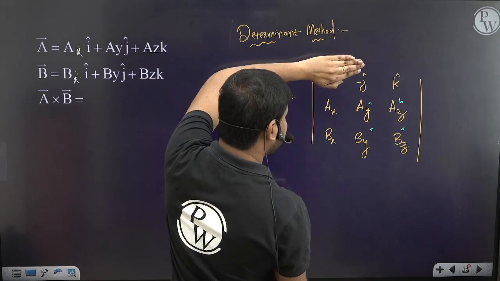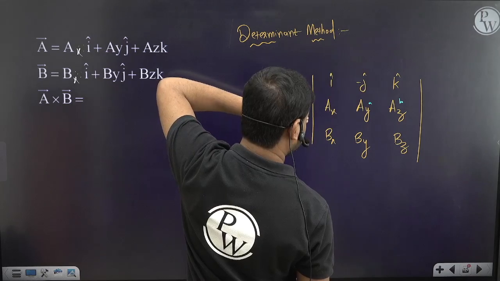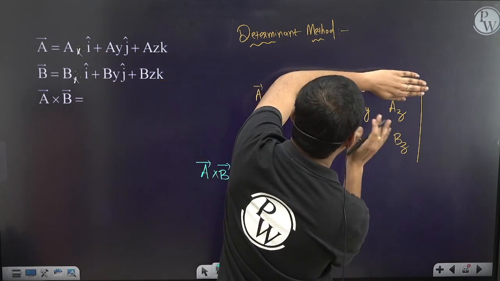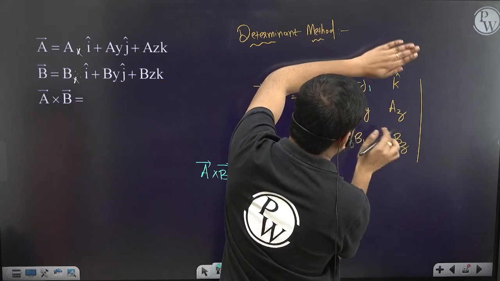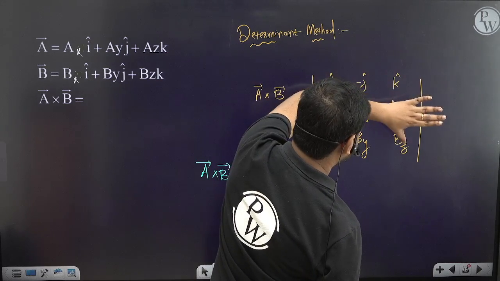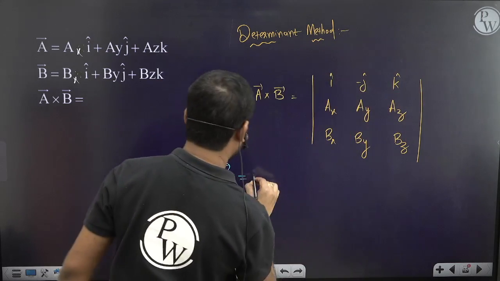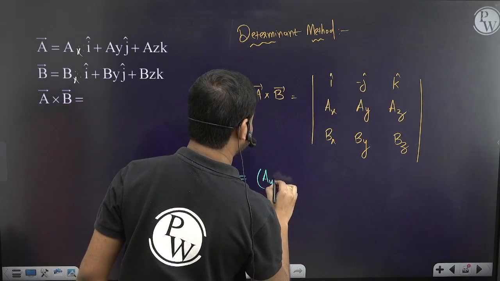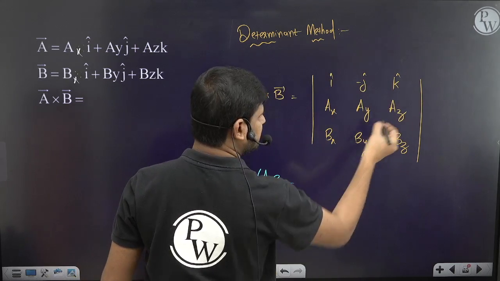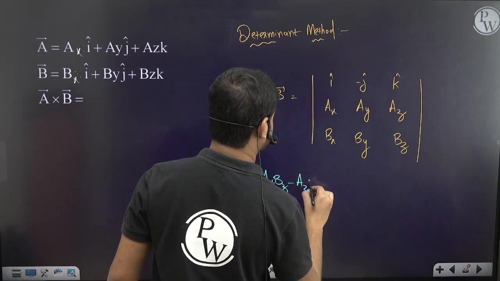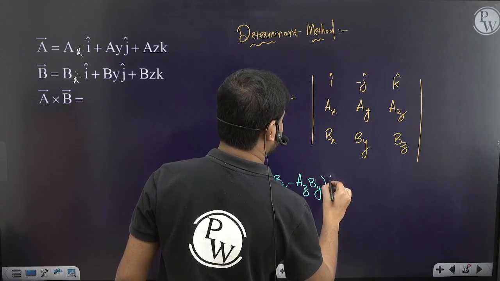So what is AD minus BC here? If you close this one, this is A, this is D, this is B, this is C. So AD minus BC is ay bz minus az by, so i cap.